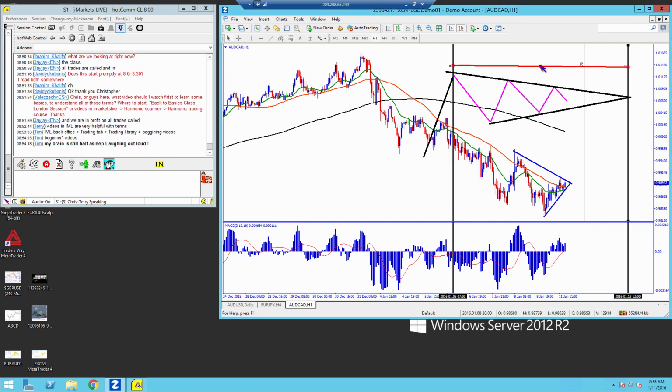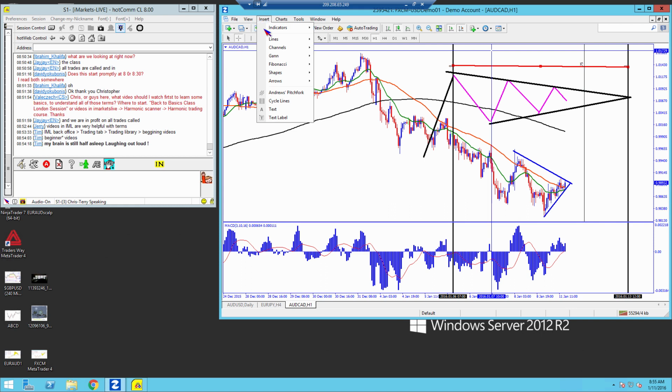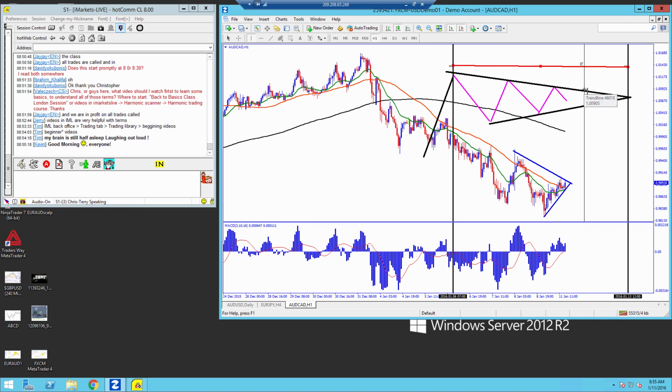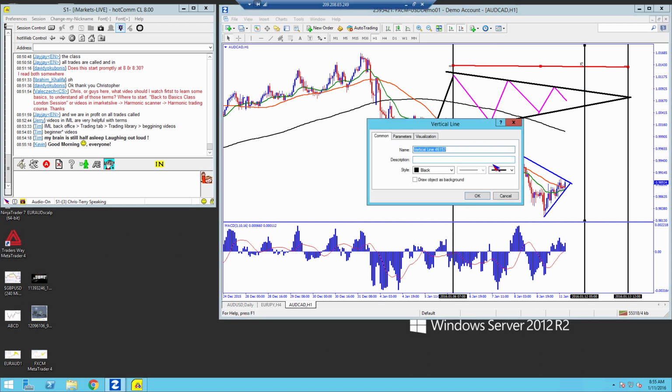No, you can't make the numbers bigger. So in here is 75%. When you're looking at a triangle, right here becomes the most important component of it, the breakout zone.